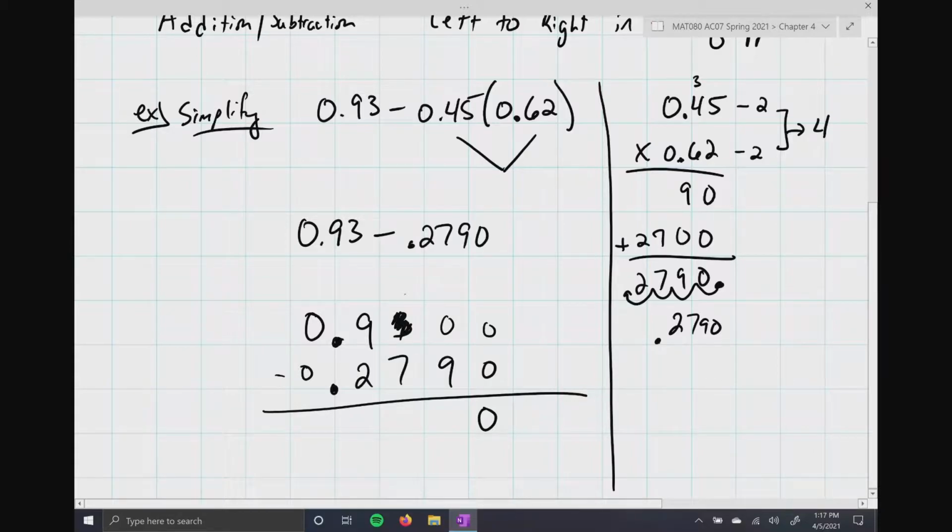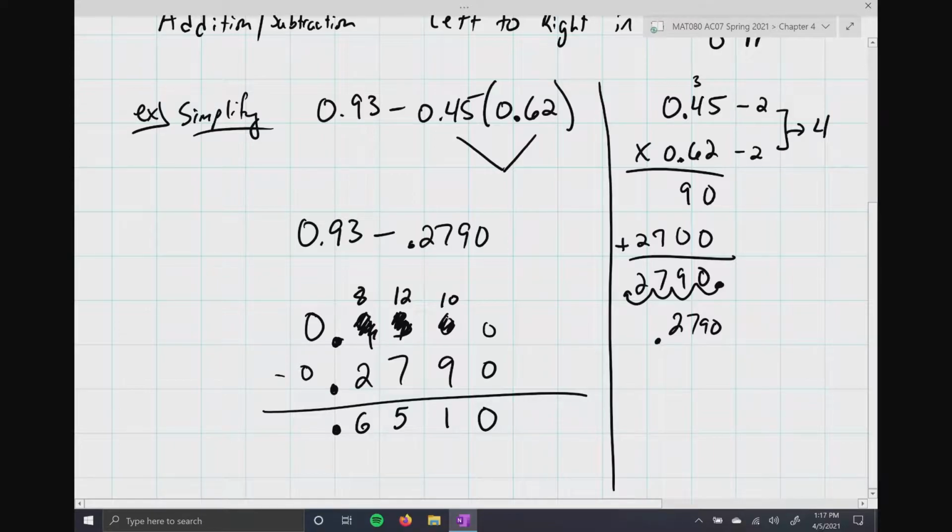So this turns into a 2. This turns into a 10. 10 minus 9 is 1. 2 minus 7, I have to borrow again. So that turns into an 8. That's a 12. 12 minus 7 is what? 5. And 8 minus 2 is 6 with a decimal point. So 0.6510.